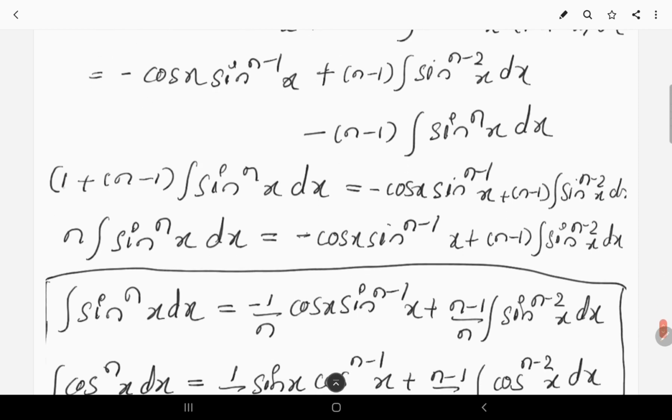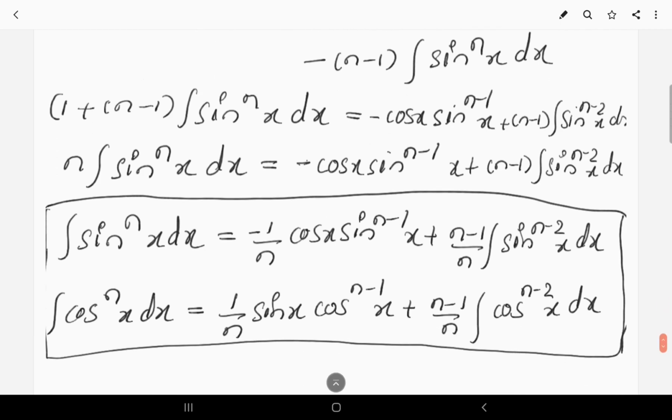So 1 gets cancelled, n into integration of sin raised to n x dx is equal to minus cos x sin raised to n minus 1 x plus n minus 1 integration of sin raised to n minus 2 x dx.